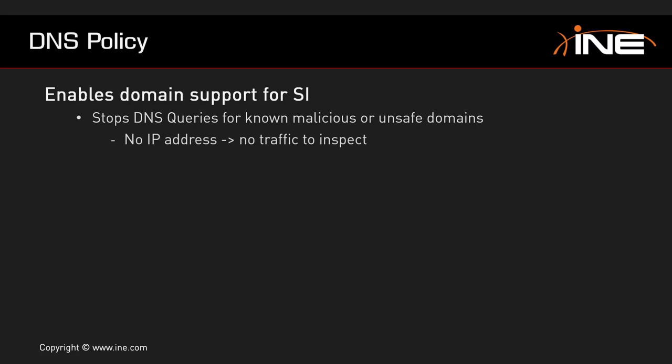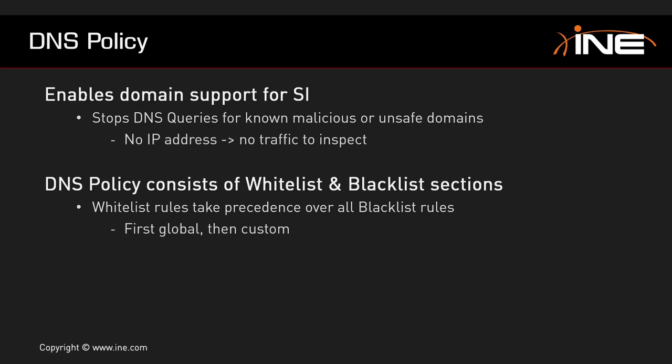So this way the client is not going to be able to figure out the right destination IP address, and there's going to be no communication to inspect. So no traffic is going to be eventually generated because the DNS information was not obtained in the first place. Okay, same as with other types of security intelligence rules, we can use whitelists or blacklists.